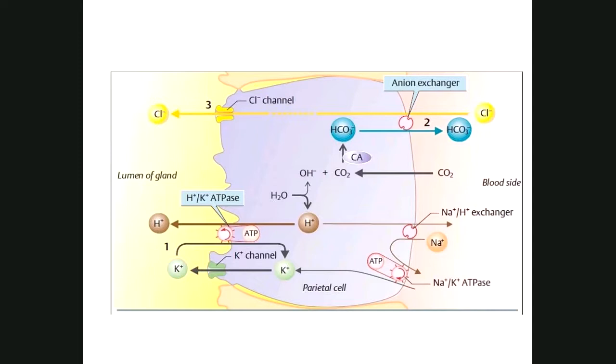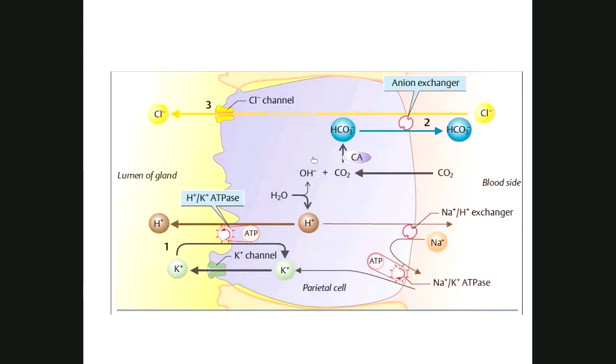So this figure here shows you the mechanism of secretion of hydrochloric acid. You don't need to draw or remember the components inside this figure. I only want you to focus on one part.